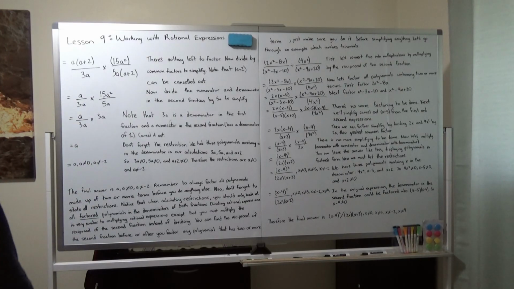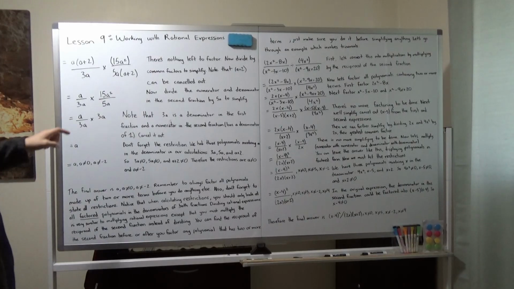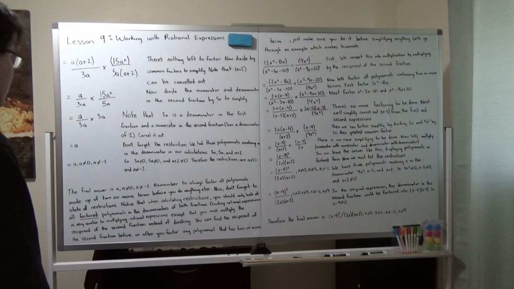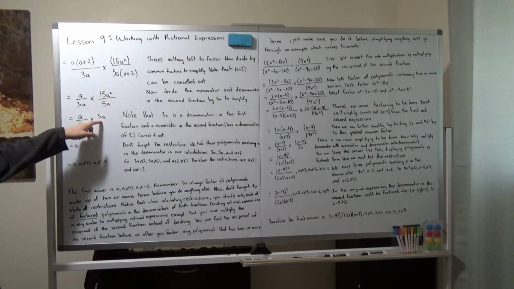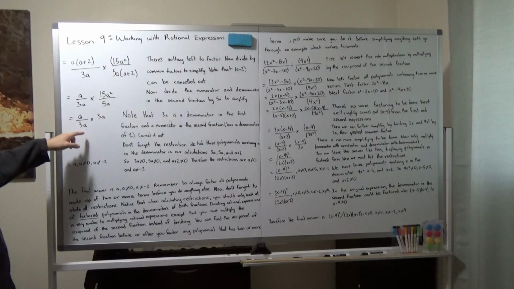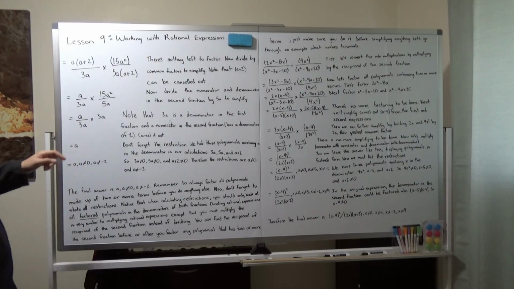Note that 3a is a denominator in the first fraction and a numerator in the second fraction, which has a denominator of 1. So we cancel 3a because it's a numerator in this fraction and a denominator in this fraction. So we bring down the a.